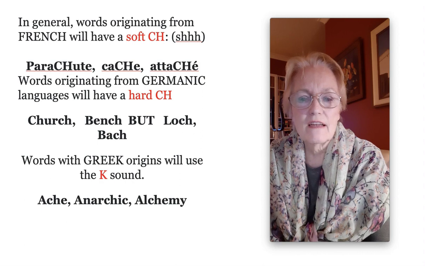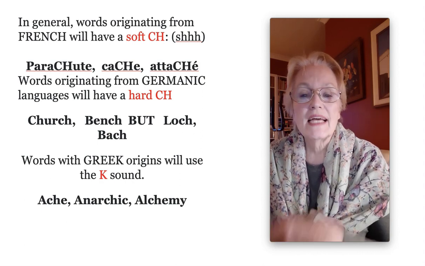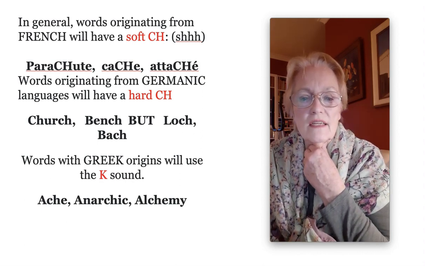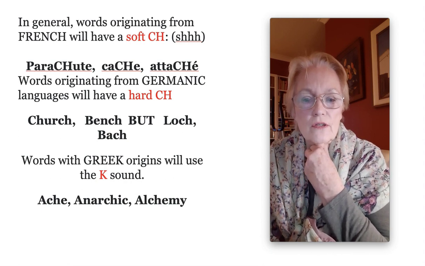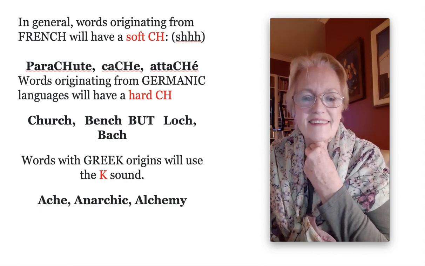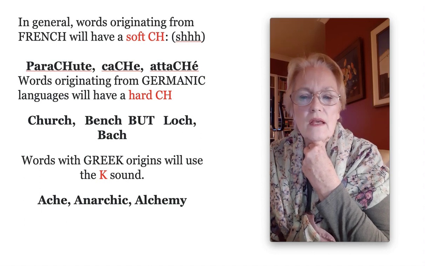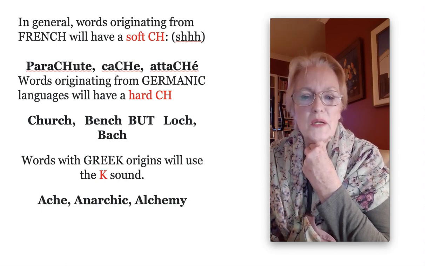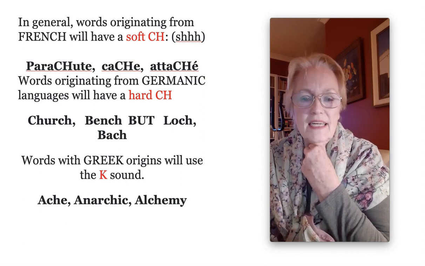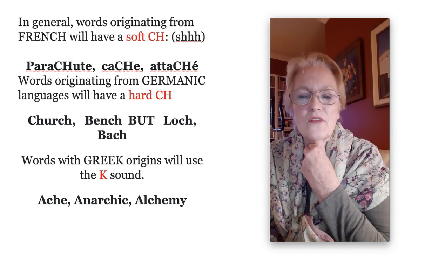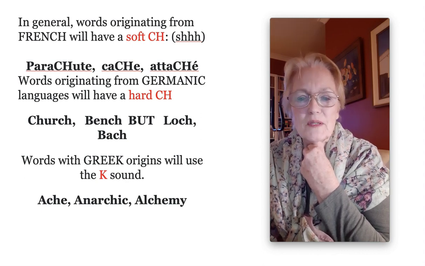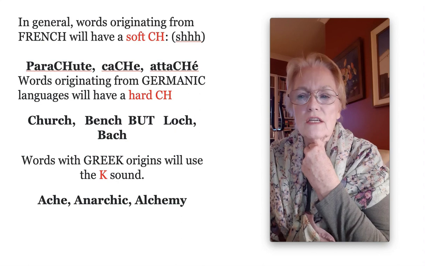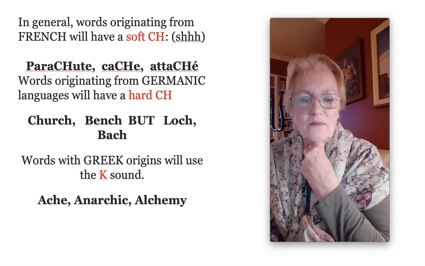Okay, instead of Lake Lomond, they call it loch, and it's a very guttural sound, a bit like you're clearing your throat. Loch. And Bach, of course, you'll be familiar with him. He's a very famous composer, died a long time ago, but left us with some wonderful music. Okay, so those are the two that are slightly different. So you've got the church, bench. Okay, so that's the hard sound.